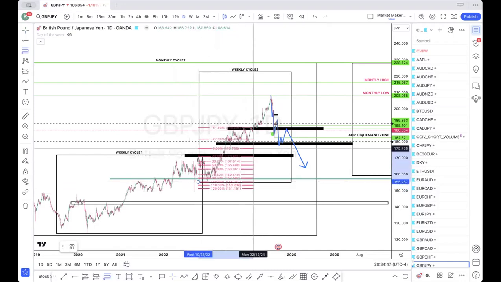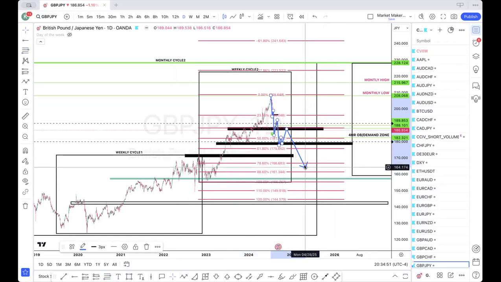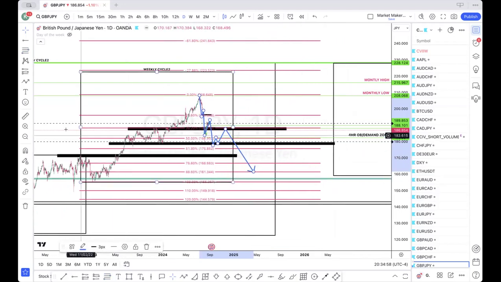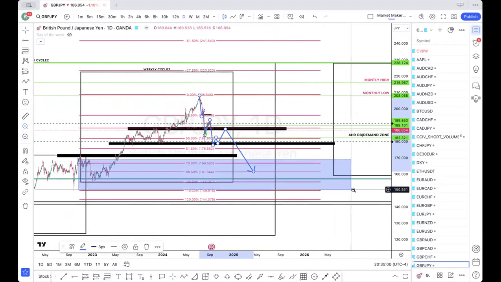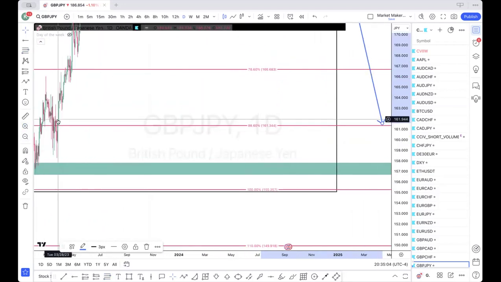So the 78 of this move is right here. Okay. Might even go to the 88. There is an imbalance here.